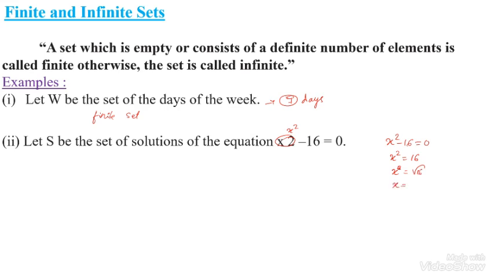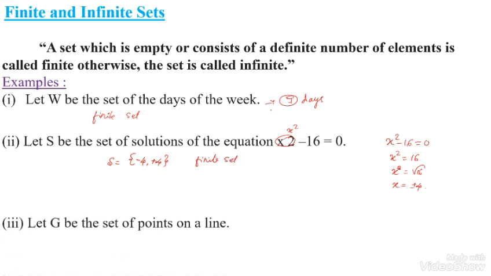The solutions of x are plus or minus 4. The solutions of the equation are written in set form, that is minus 4 and plus 4. We have to count these two numbers. Then S contains only two elements, minus 4 and plus 4. Therefore, it is also a finite set.